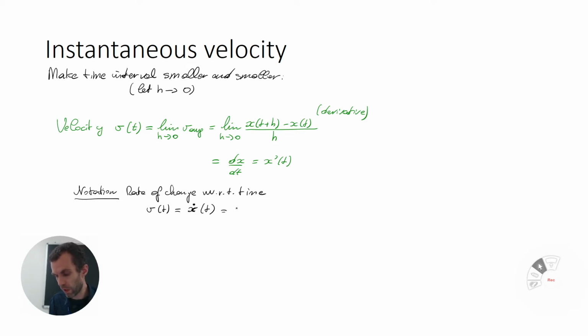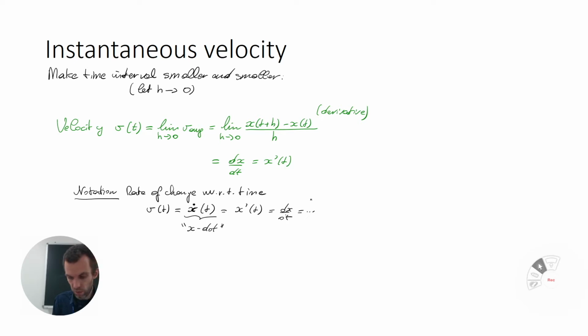But you can also write it as x prime or as dx/dt and so on. So this is called x dot. We only use this notation if the derivative is with respect to time, but you see that quite a lot in physics textbooks.